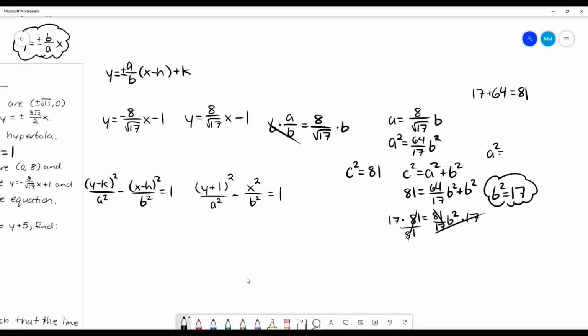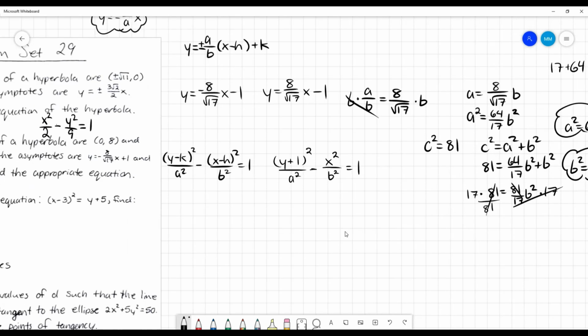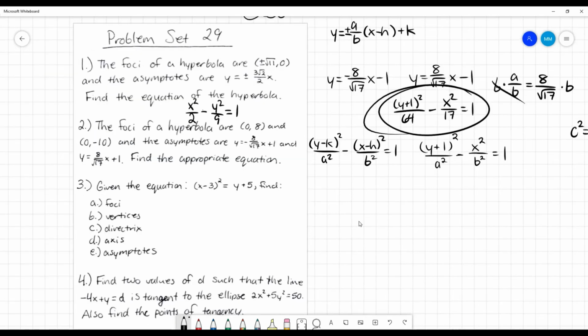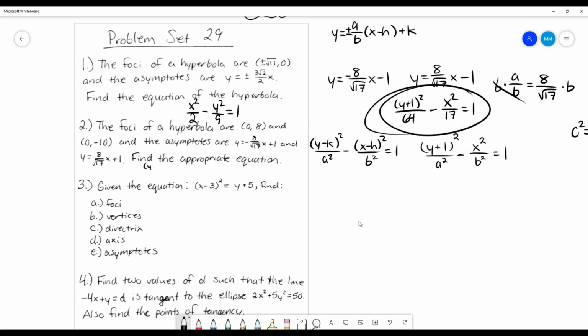So a squared just equals 64 because those 17s cancel. And now we can plug that in. So our equation is going to be y plus 1 squared over 64 minus x squared over 17 equals 1. And there's our equation for this one. I'll write that over here.